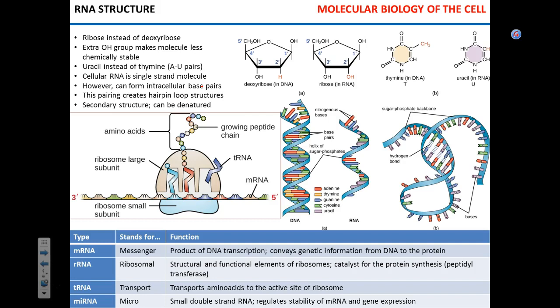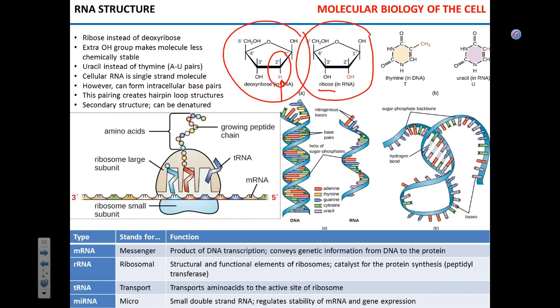Now, there are differences between RNA and DNA molecules. This is the sugar found in the DNA, and this is hydrogen at the 2' carbon. This is the sugar called ribose found in the RNA.